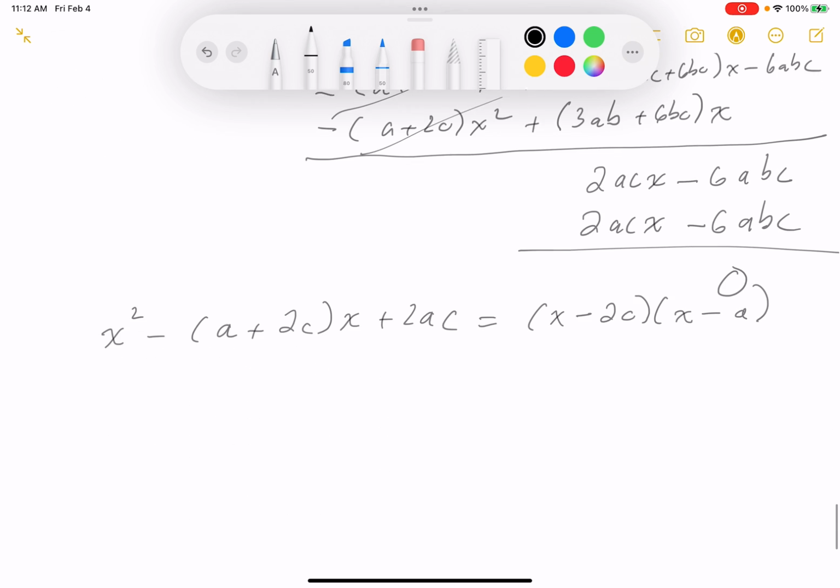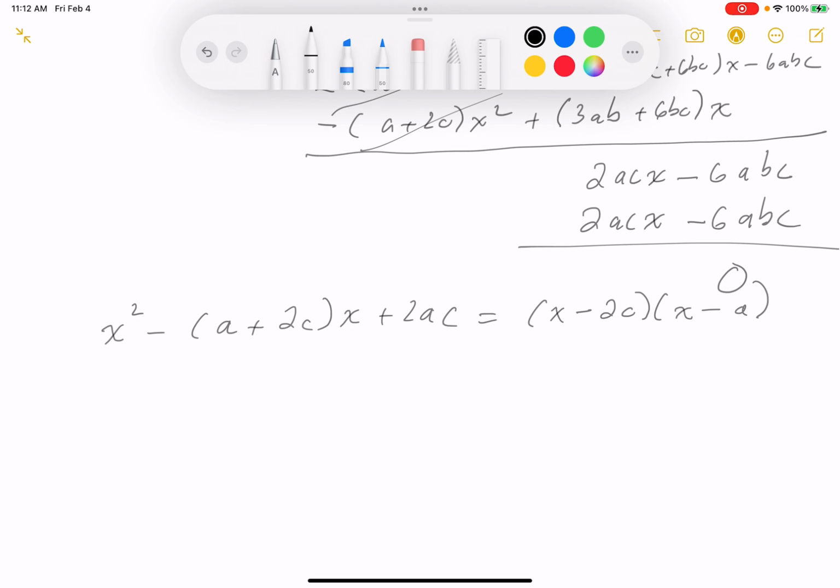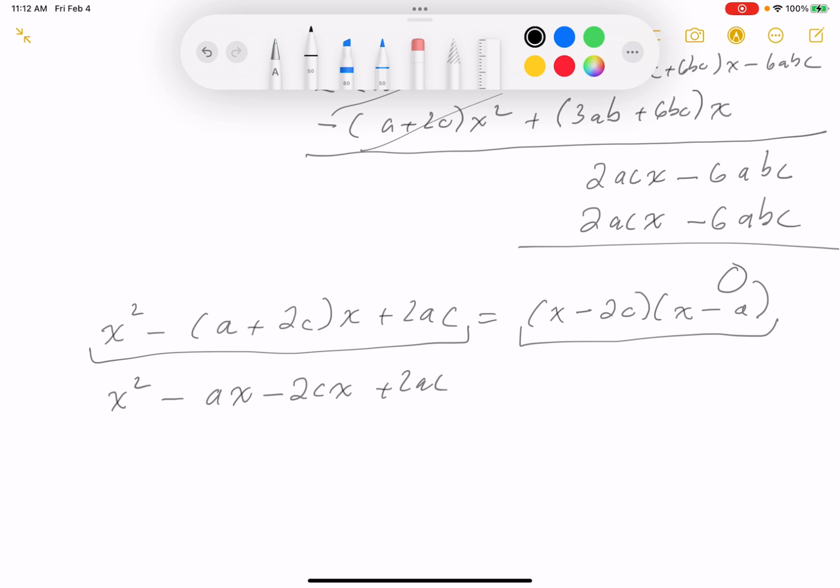Let me go through that with you. I'm saying that this thing is the same as this thing over here. Let's go through it. This is x squared minus ax minus 2cx plus 2ac. If you multiply this out, you get x squared minus ax minus 2cx plus 2ac. I'm just doing term-by-term analysis at this point.